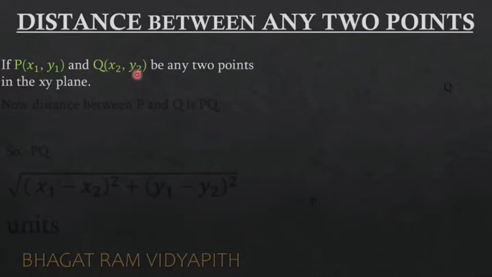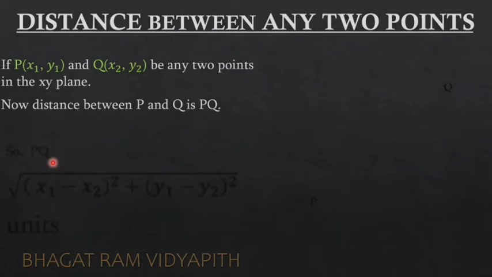In other words, the abscissa is always put before the ordinate. So if P and Q are any points in the xy plane, the distance between P and Q would simply be called PQ.